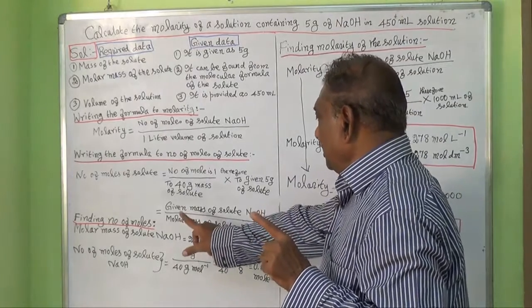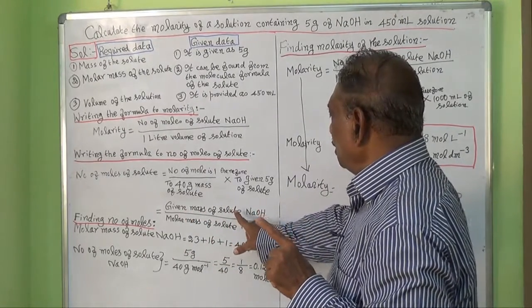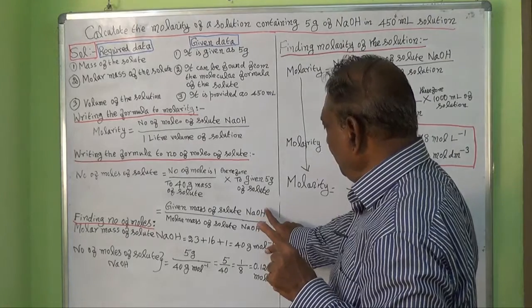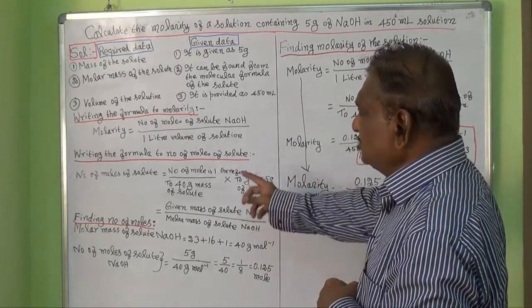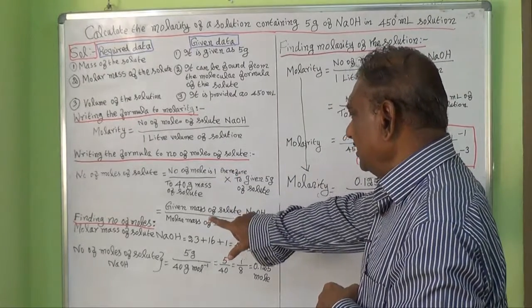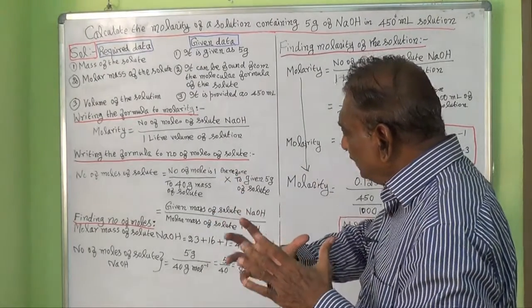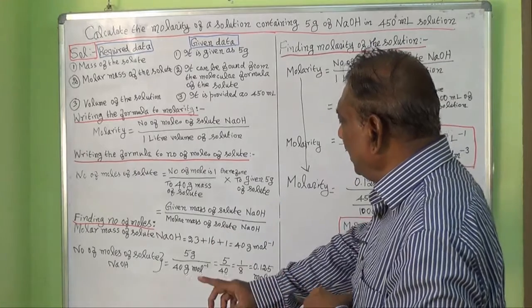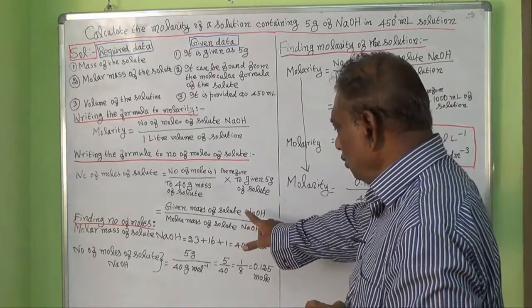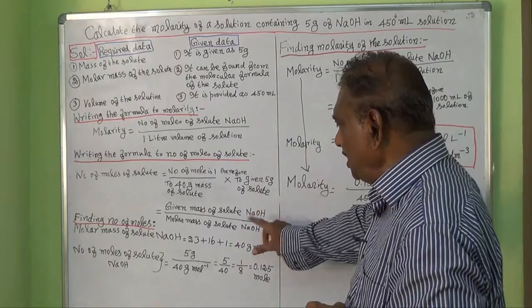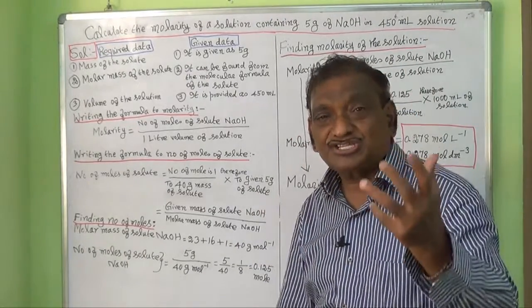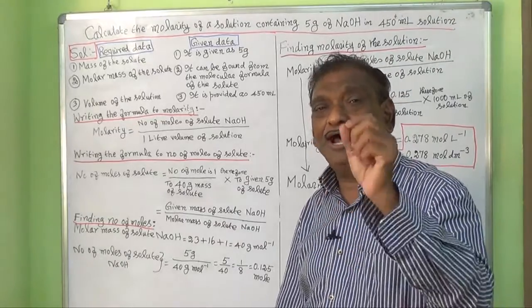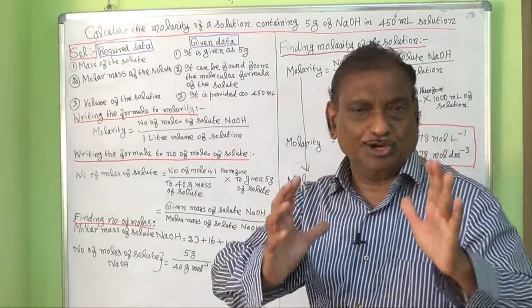That is, given mass of solute sodium hydroxide by molar mass of the solute sodium hydroxide. On seeing the equation, we realize that if we know the mass of the solute sodium hydroxide and the molar mass of the solute sodium hydroxide, we can find the number of moles of the solute sodium hydroxide.